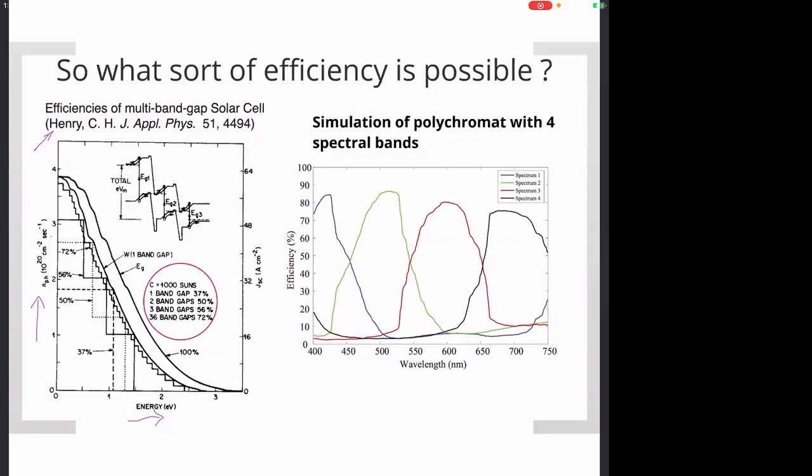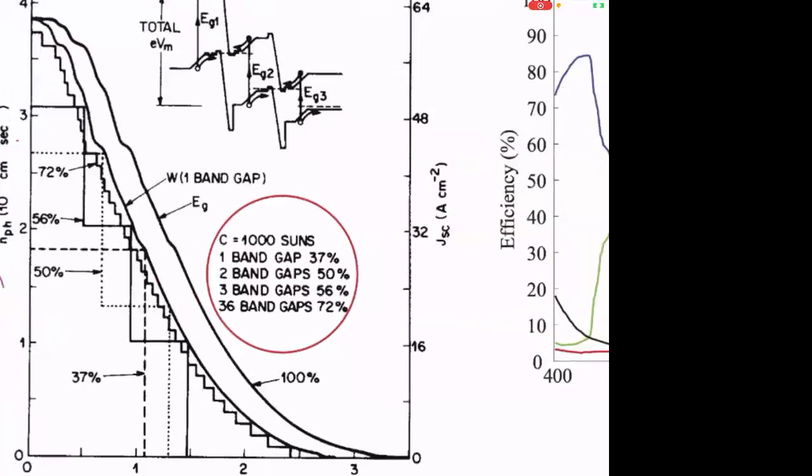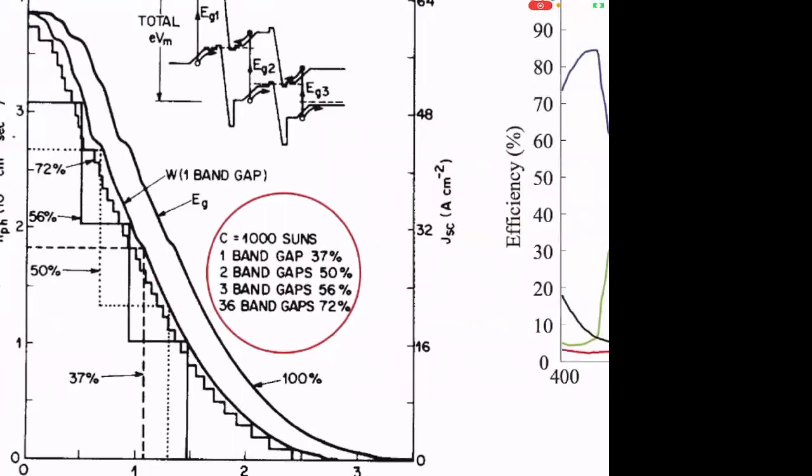So that's why it goes down like that. In any case, it's summarized in this table in the inset, which says he used a concentration of 1,000 suns for simulation, and shows that the one band gap limit is about 37%, slightly larger than what we talked about before.